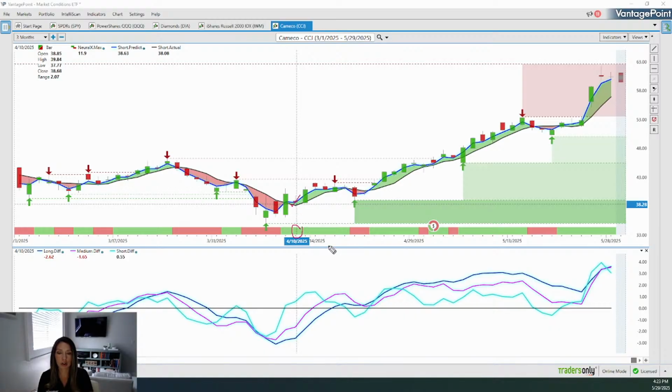So boom, check that crossover. Boom, you've got your neural index, and then your predictive differences are all coming up. Remember, we talked about strength. So this strength down here is telling you that not only is it maybe the right time for a bullish expectation on this market, but it's also confirming with the price action or the predictive price action, because remember that neural index is predictive as well.